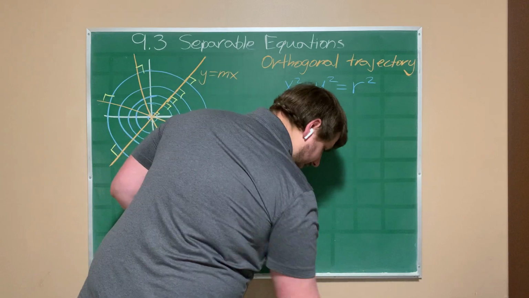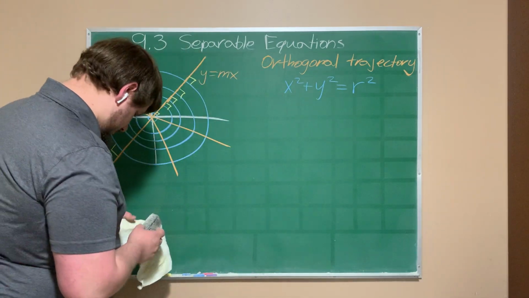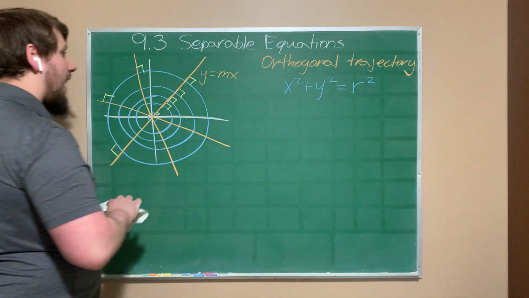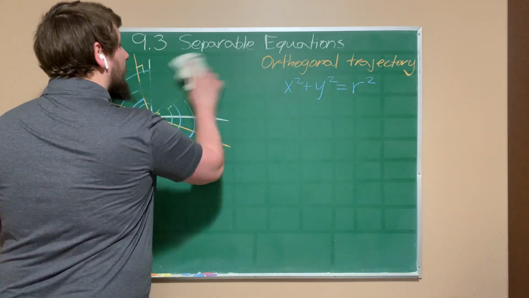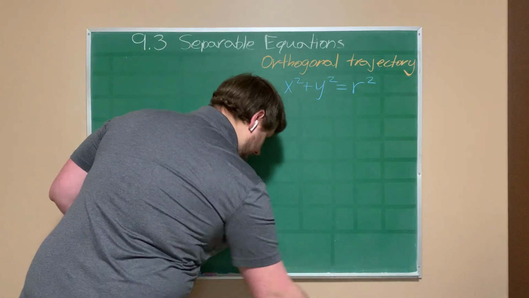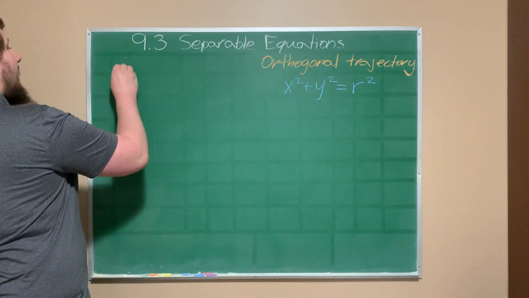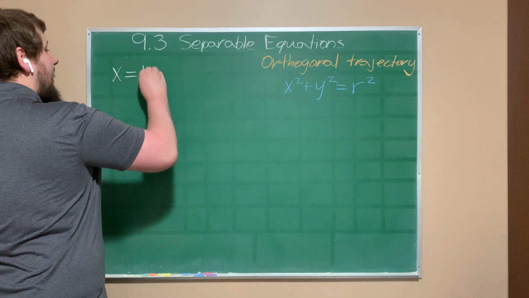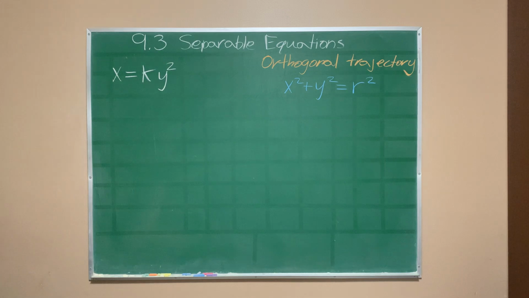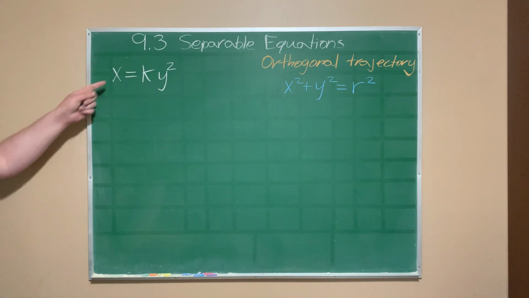Let's take a look at an example. First, we have to start with a family of curves. And the family of curves that I want to start with here is going to be the curves with the form x equals k times y squared, where k can be any real number here. We know what these graphs look like, right?